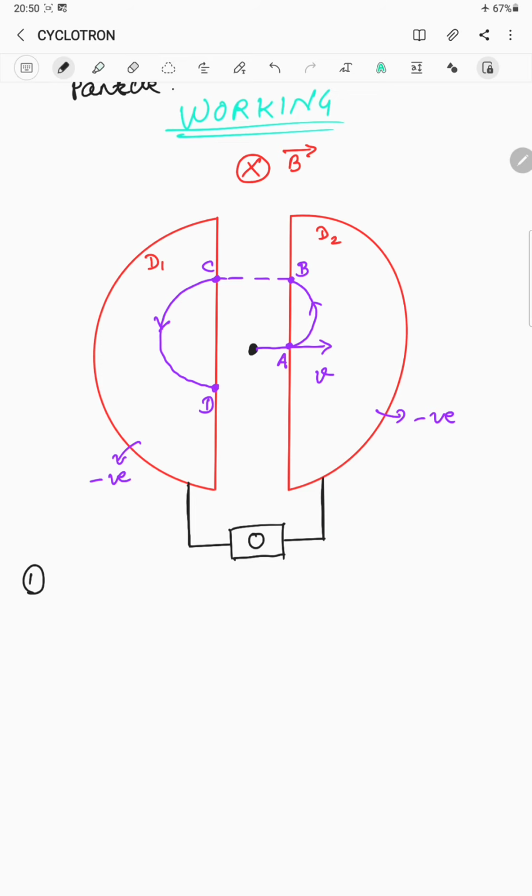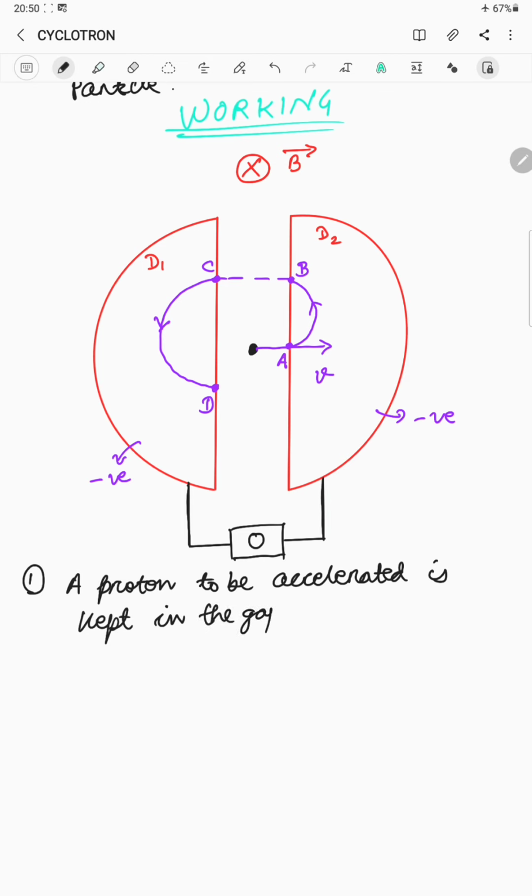First, a proton to be accelerated is kept in the gap. Okay, second point, let D2 be negative, right?